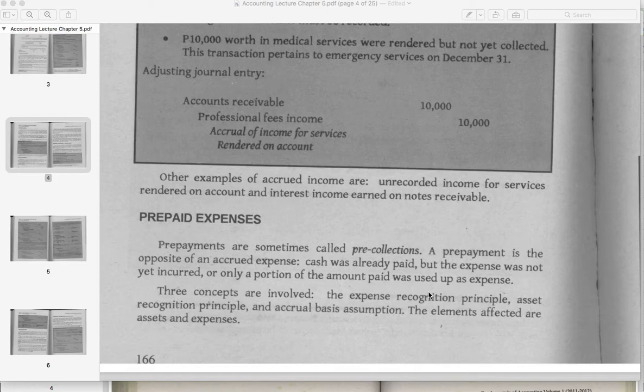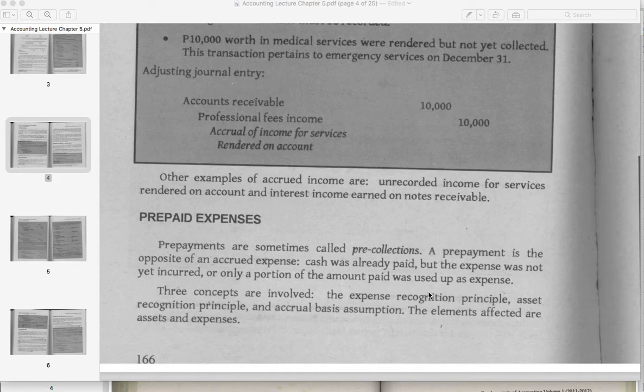But when we say prepaid expenses, the expenses were paid in advance. However, the expense has not yet been incurred, or not all of the payments were used up. Therefore, there is a need for an adjusting entry.